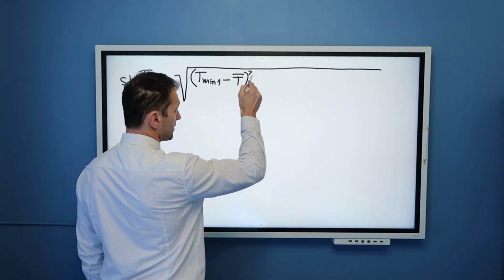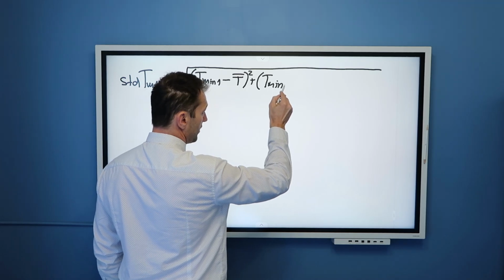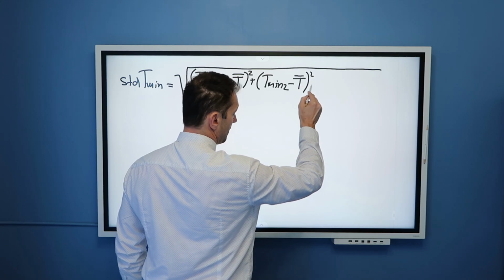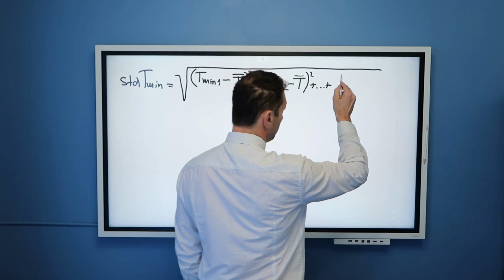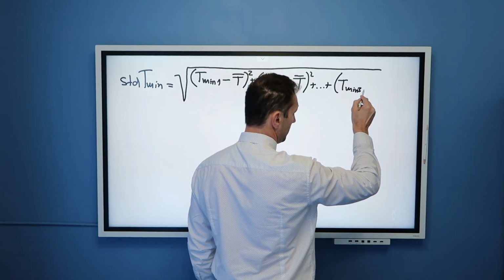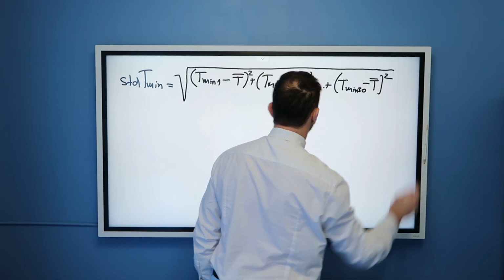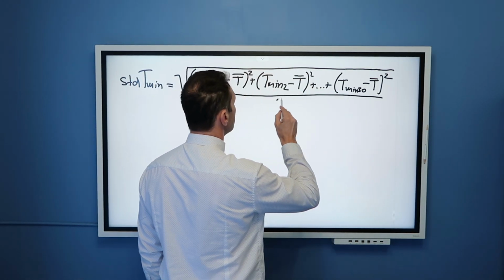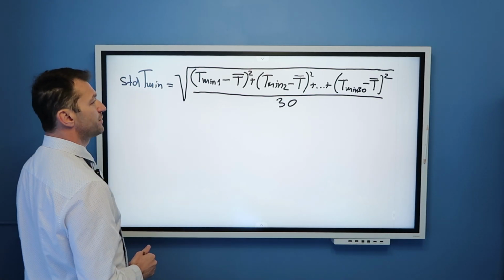And then you square this, plus T minimum for year 2 minus T average squared, plus 3 dots because we have 30 years, plus the last year, T minimum for year 30 minus T average squared, divided by the number of years, which is 30. That's how you would calculate it on your spreadsheet.